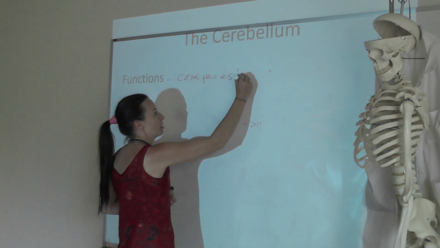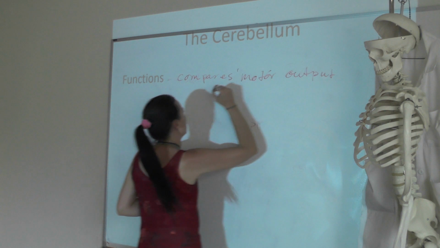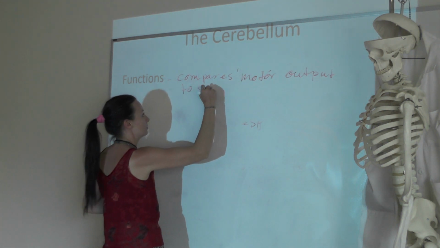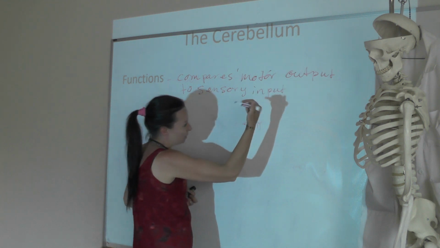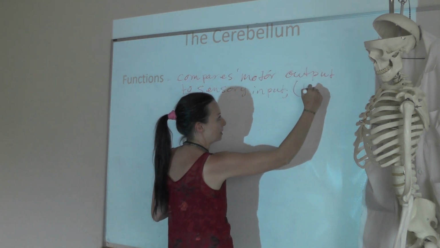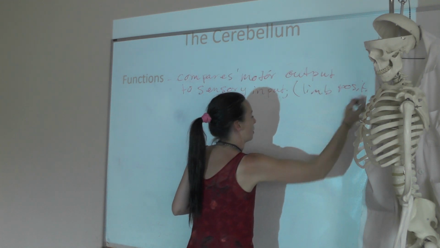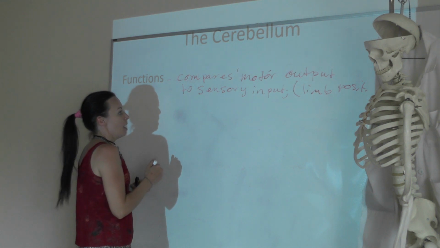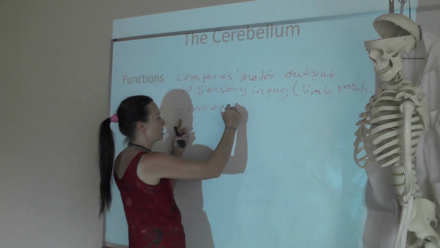So we'll say it compares motor output to sensory input. It's telling you about your place in space, so it lets you know about limb position and all of that. When it's functioning, it makes a correction.